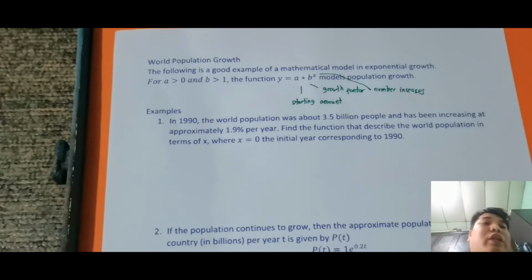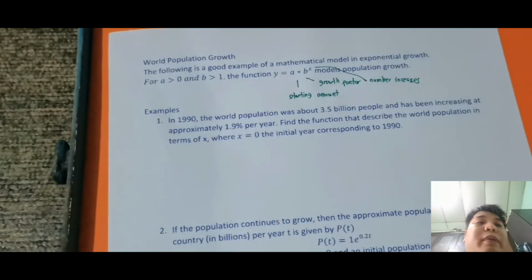Find the function that describes the world population in terms of x, where x is equal to 0 corresponding to the year 1990. So starting 1990, that is year 0. 1991, that is 1. 1992, that is 2. Then 1993, that is 3.